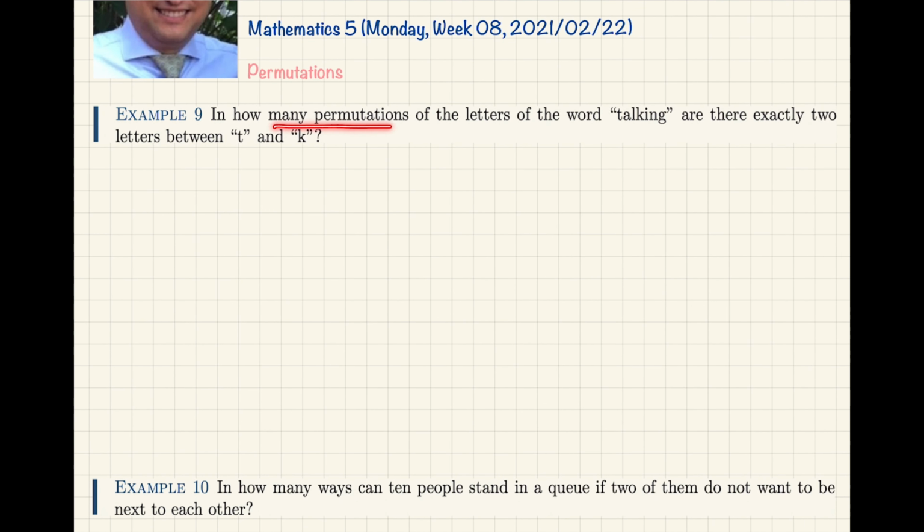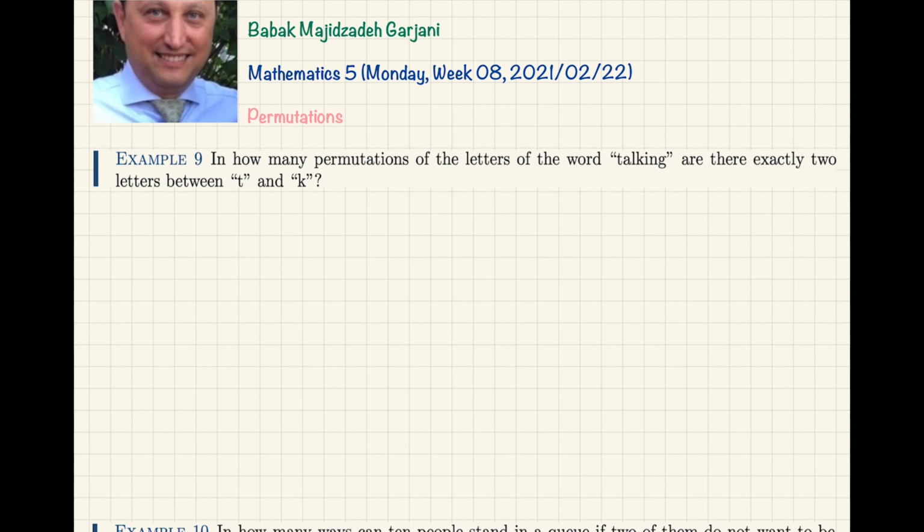In how many permutations of the letters of the word talking are there exactly 2 letters between T and K? Yes? So, how many items are there? 1, 2, 3, 4, 5, 6, 7. So we have 7 letters. So how many positions do I need for the permutation? 7 positions.